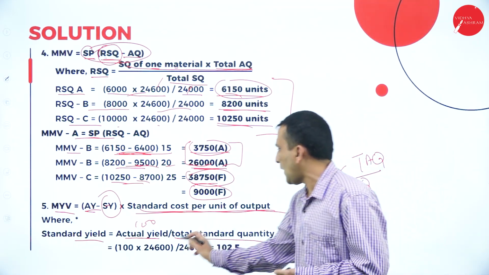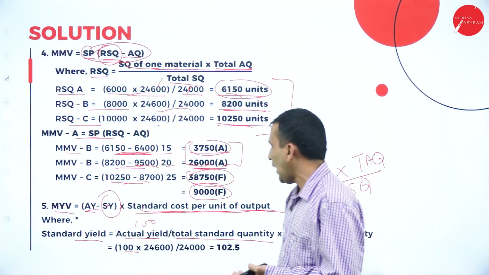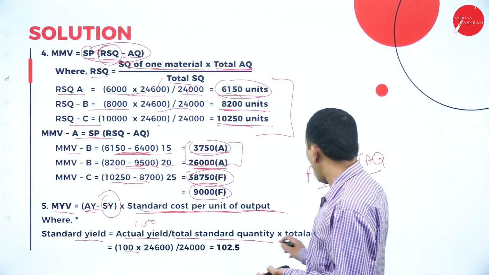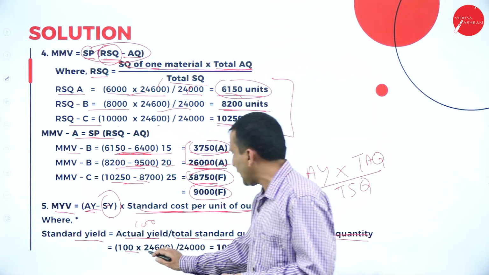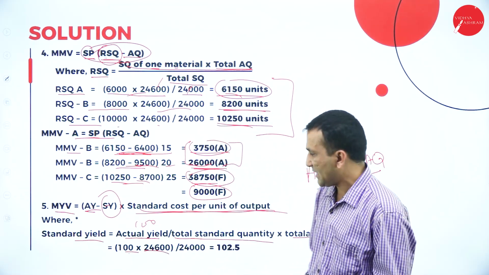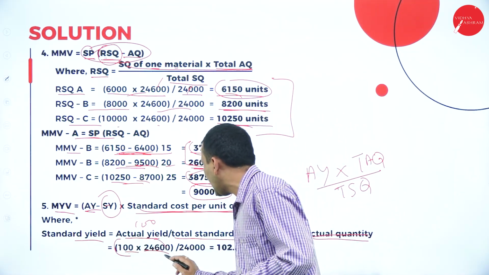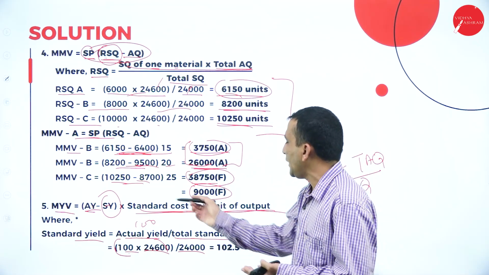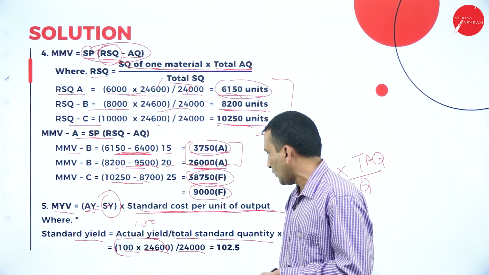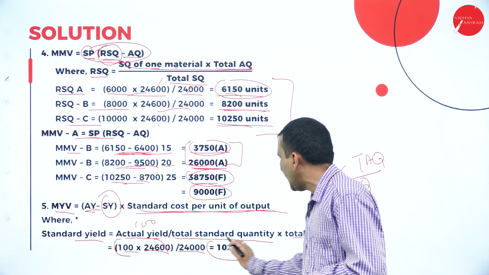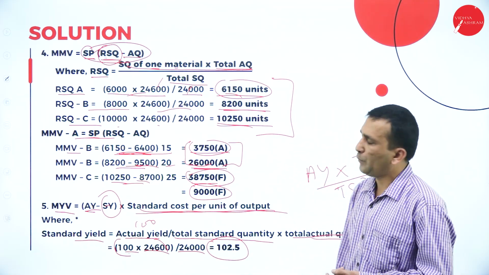So in this format, actual yield is 100, actual output is 100, and now total actual quantity we calculated 24,600. If you multiply together divided by total standard quantity 24,000. So if you simplify, we are getting standard yield 102.5.